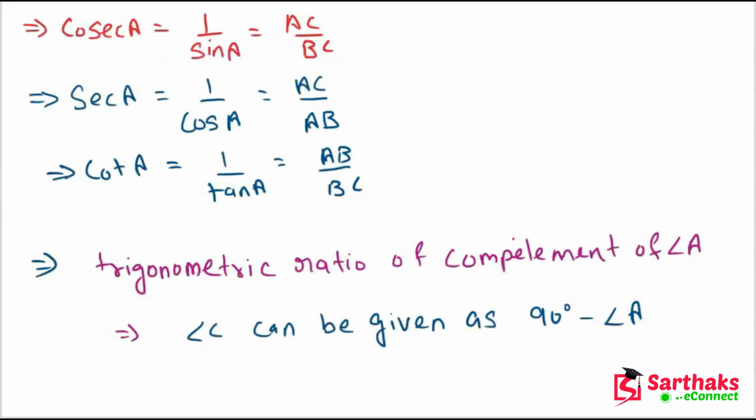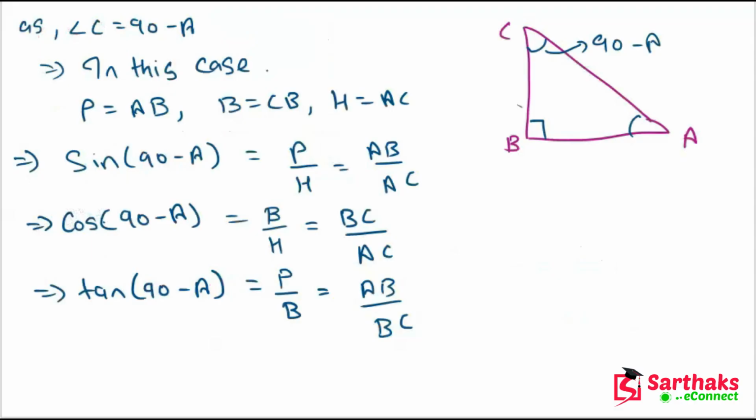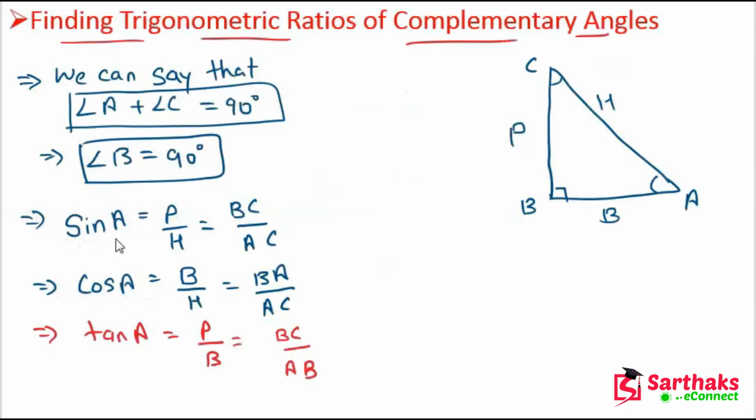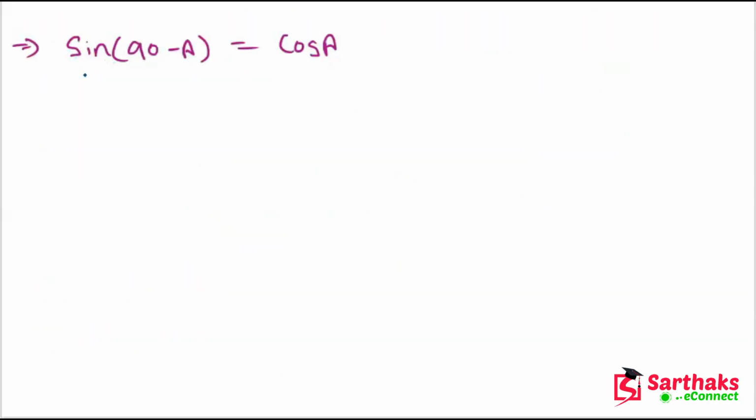And cos 90 minus A is BC upon AC, and sin A is BC upon AC. So again we can write cos 90 minus A is equal to sin A.